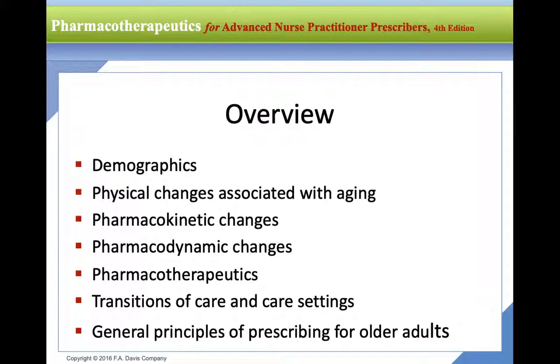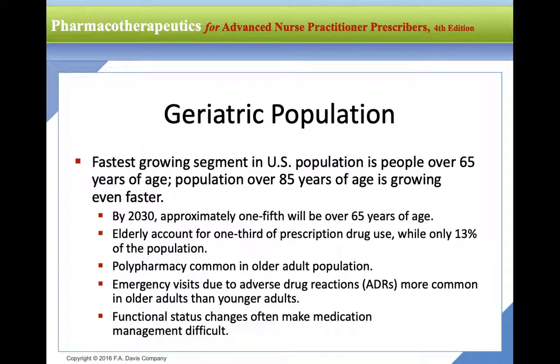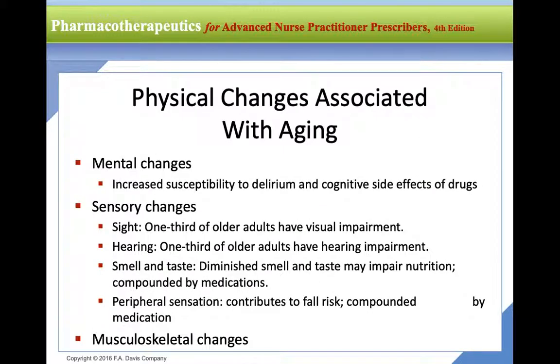Geriatric patients, you might as well consider them a different class like children. There are so many changes going on with aging that it's hard to predict or hard to treat them like a 30, 40-year-old individual. So patients will have mental changes. They're more susceptible to delirium and cognitive side effects.